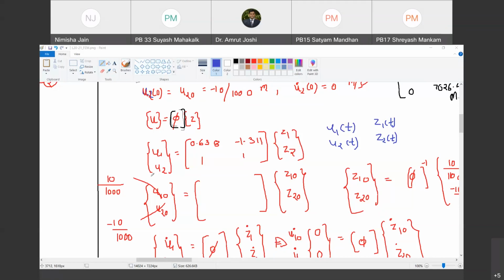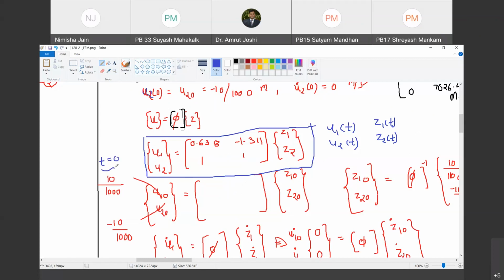Though it is a relationship between U1, U2 and Z1, Z2, you have to understand U1 and U2 are functions of time. They evolve in time. Similarly, Z1 and Z2 are functions of time. So this equation is valid at all instances of time during the period of observation.